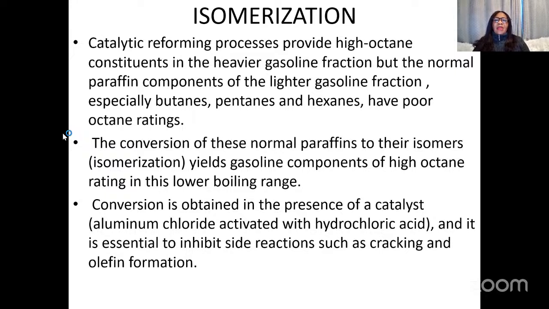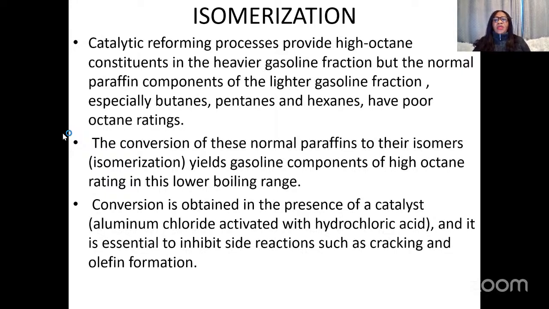The other processes I explained to you can provide high octane constituents using heavier gasoline fractions, but you cannot do this using paraffin components of the lighter gasoline fraction.